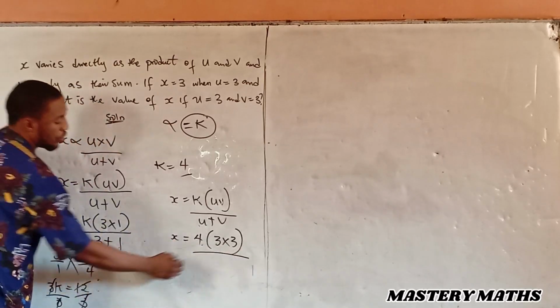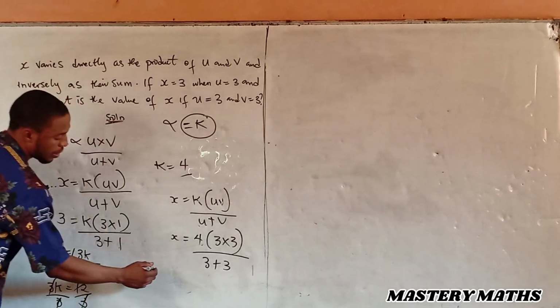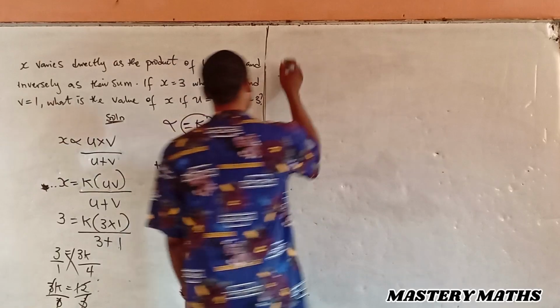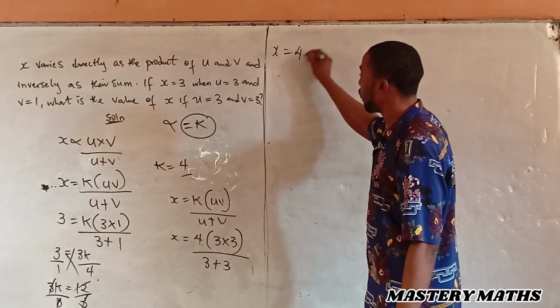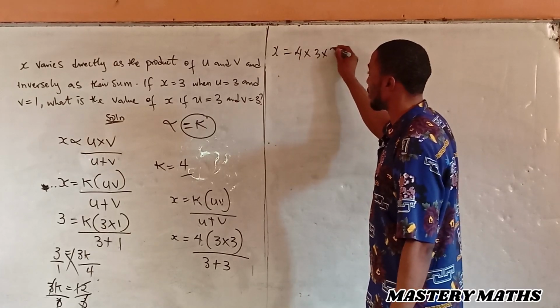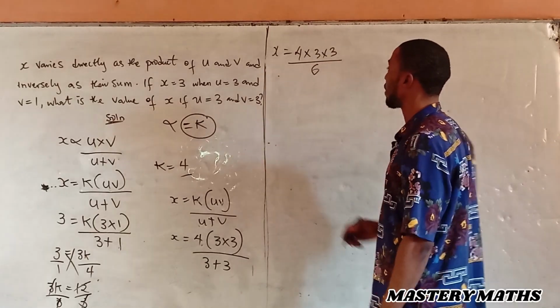Then all over, what is our u? 3 plus 3. You see it now? So x is equal to 4 times 3 times 3, all over 3 plus 3, which will give us 6.